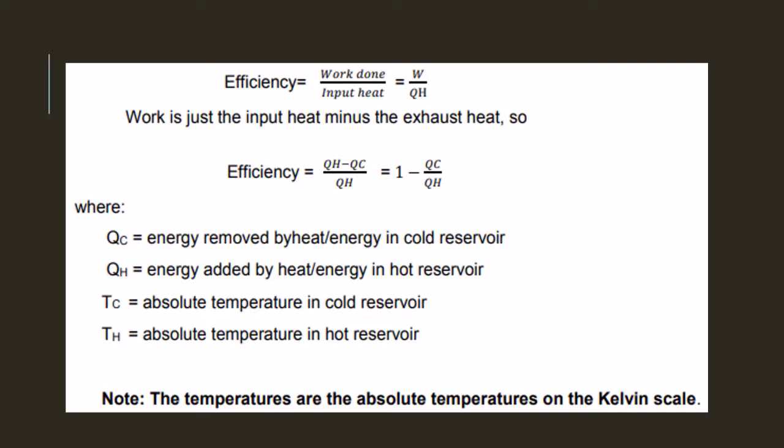QH is the energy added by heat, or energy in the hot reservoir. TC is the absolute temperature in the cold reservoir. TH is the absolute temperature in the hot reservoir. Note, the temperatures are the absolute temperatures on the Kelvin scale.